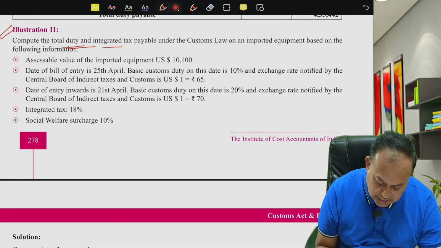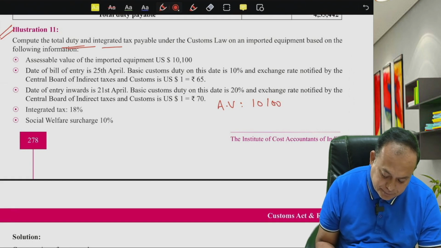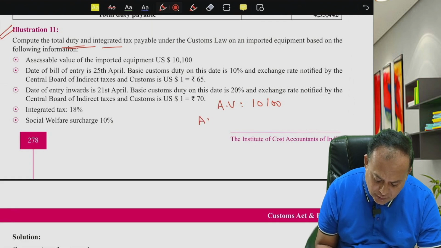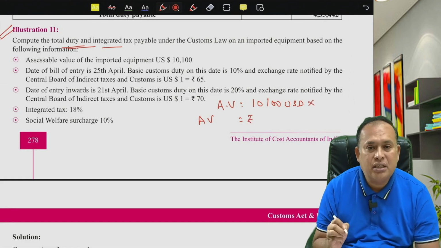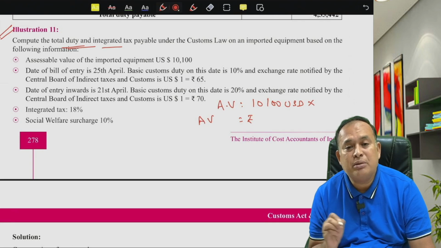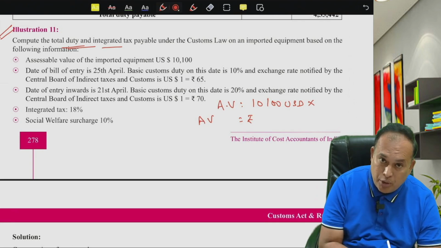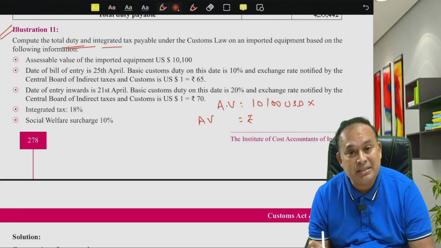So we know the CIF assessable value is 10,100 US dollars. Then you convert that into Indian rupees. We have the assessable value in US dollars, correct? We want it in Indian rupees. Then we have to multiply with the exchange rate at the time of submission of bill of entry by the CBIC. At the time of submission of bill of entry by the importer, the exchange rate of the CBIC is relevant.